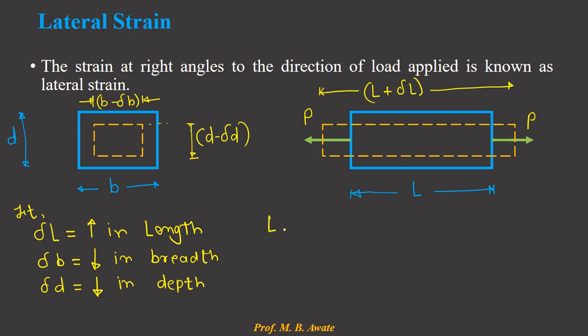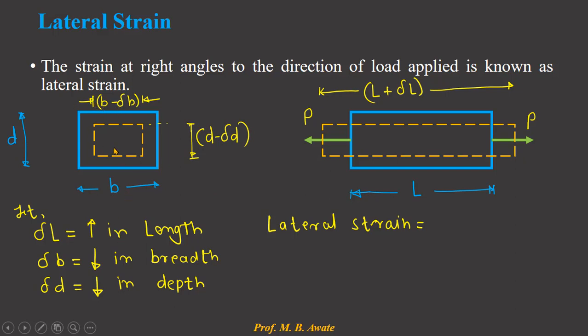Okay, now we have to define the lateral strain. So I can say like this: lateral strain is nothing but what I have said, the strain at right angles to the direction of load applied, or strain at the cross sections. The cross section has two dimensions, B and D. So what is the change in dimension here?